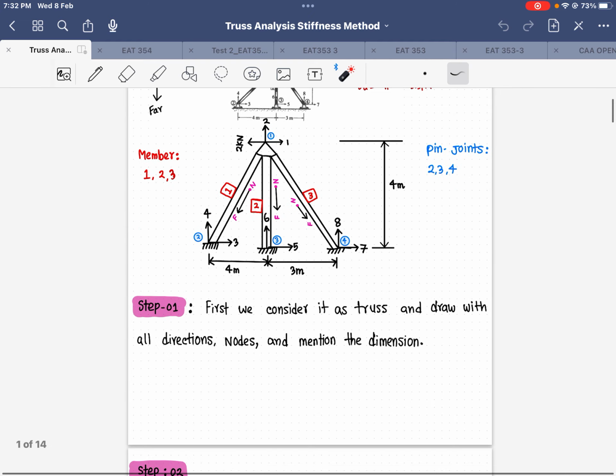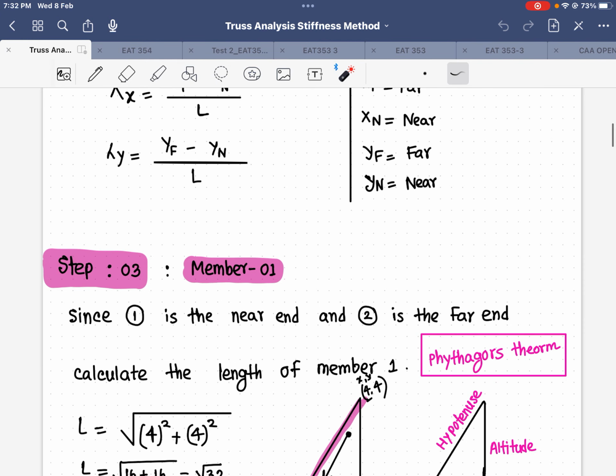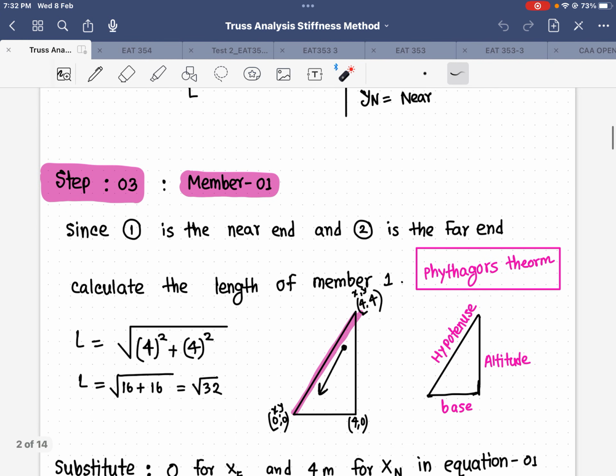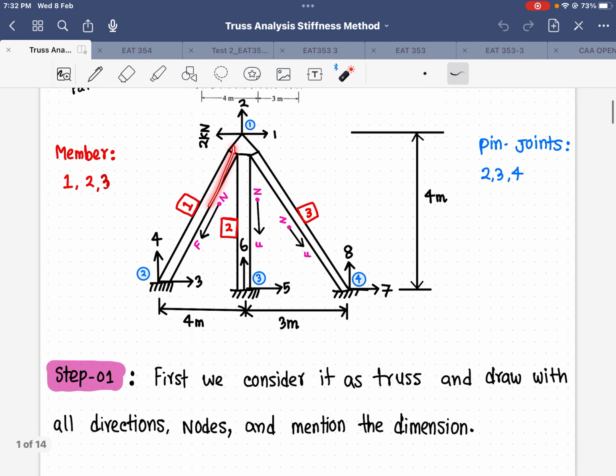Now I have to take the first member. So for the first member you can see here, this is the first member. If I want to find the length, I will use the Pythagorean theorem.